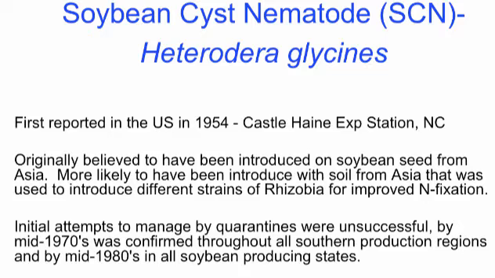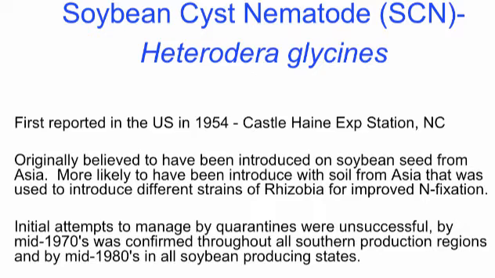It was subsequently determined that it was probably actually brought in with soil from Asia that had been brought to the U.S. many, many times in many locations for work on rhizobium bacteria and spread throughout the U.S. This development probably was why initial attempts at quarantine of this pathogen in the North Carolina region were never effective.